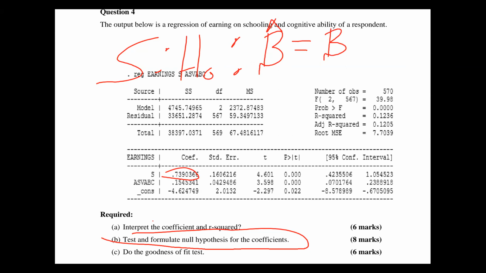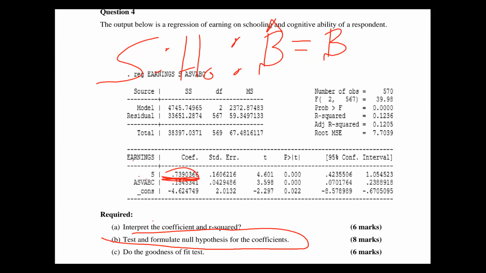They are equal, which means they are the same, there is no difference. If they have no difference, it means that the variable is not impactive to the model, it has no influence. That's the null hypothesis: this variable has no impact on earnings, right?